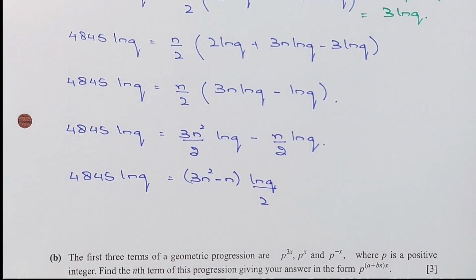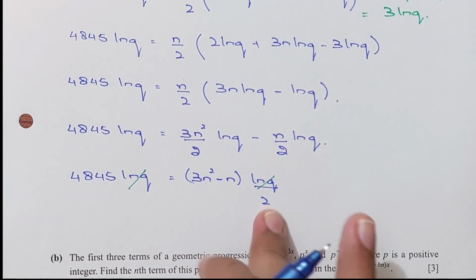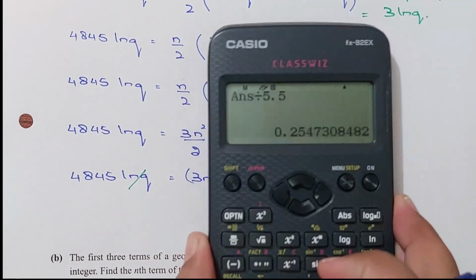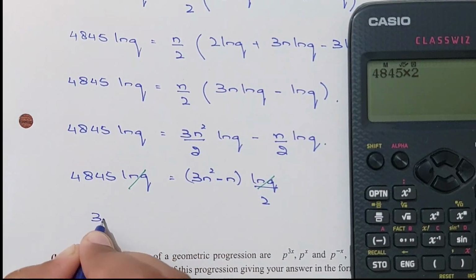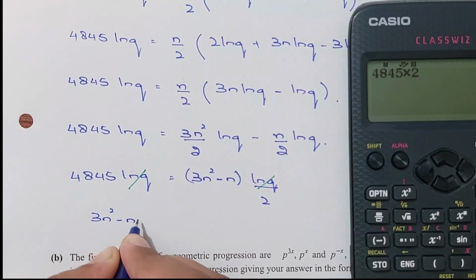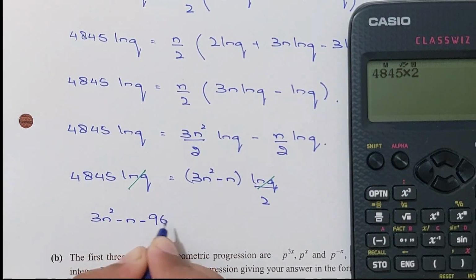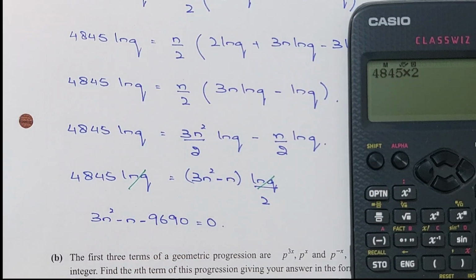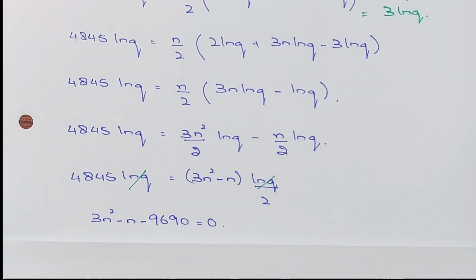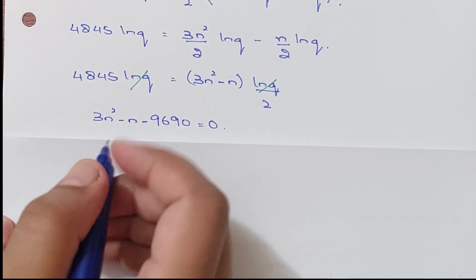Now let's cancel ln q with ln q, and doing a cross multiplication, times by 2, 4845 times 2 is 9690. So 3n squared minus n minus 9690 equals 0. Now let me solve for n. This is a quadratic equation in n, so we have to solve it using the quadratic formula.